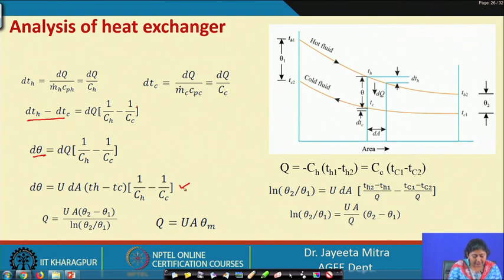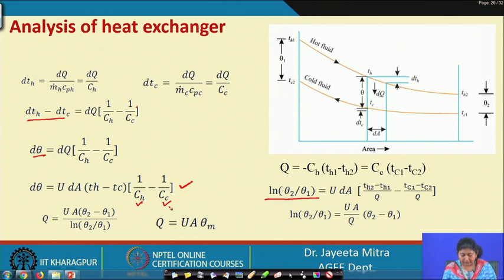Now, from this, Th minus Tc we will term as theta, we will take d theta by theta and then integrate this, and we get ln theta 2 by theta 1 on the left side. On the right side we can again put the values of 1 by Ch and 1 by Cc as we did in the earlier case.